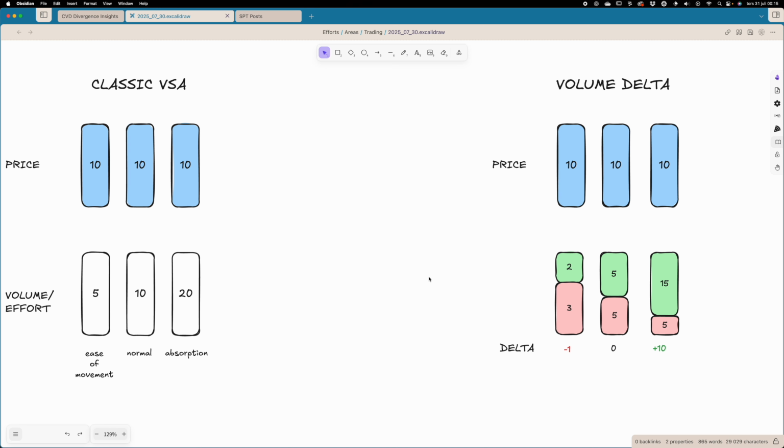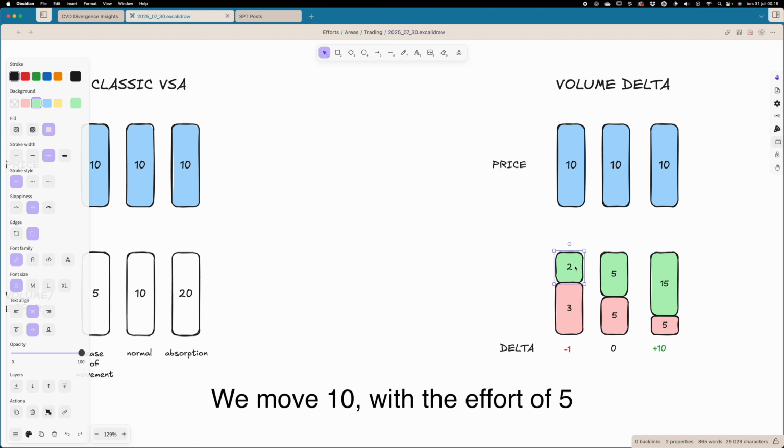Now, if we start to use volume delta for this instead, we get even more information. We get the information of who inside of these volume bars were the aggressor, who was using market orders. So let's say that in this case we moved 5, and there was 2 aggressive bulls and 3 aggressive bears.